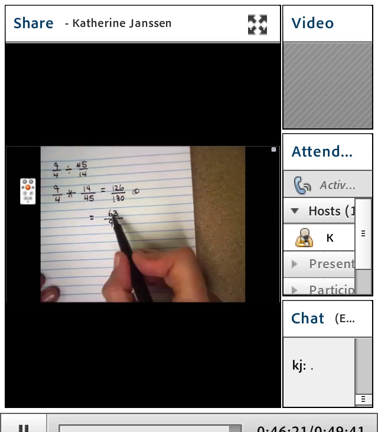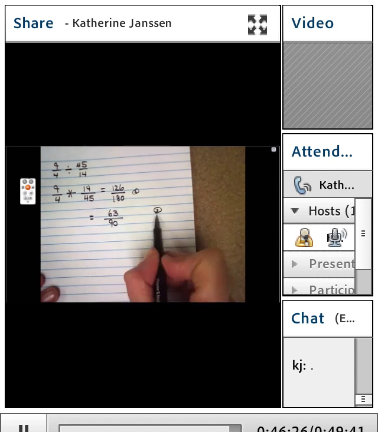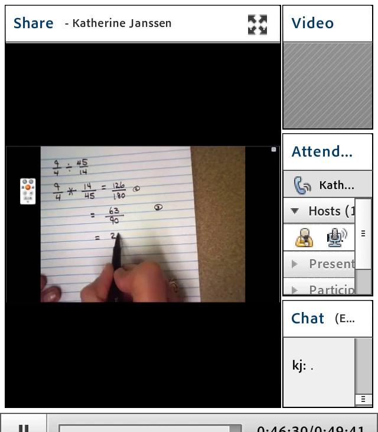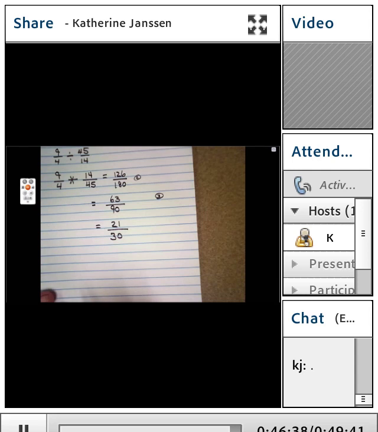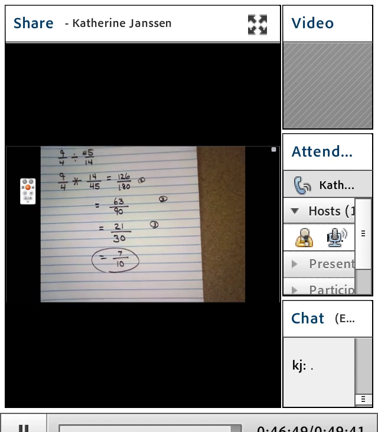The sum of the digits, 6 plus 3, is 9, and that's divisible by 3. 90 is divisible by 3. 3 goes into 63 21 times, and 3 goes into 90 30 times. 3 goes into that again. 3 goes into 21 7 times, and 3 goes into 30 10 times. And we have simplified 9/4 divided by 45/14.